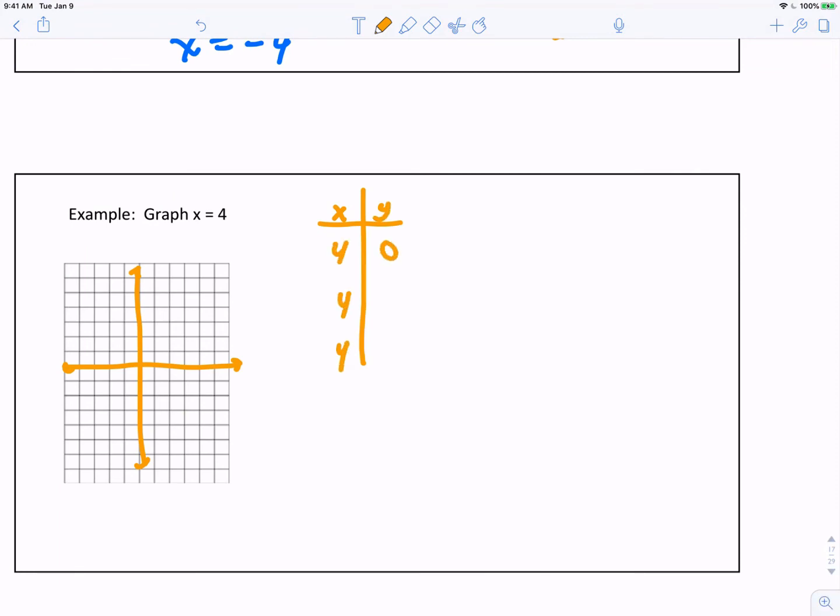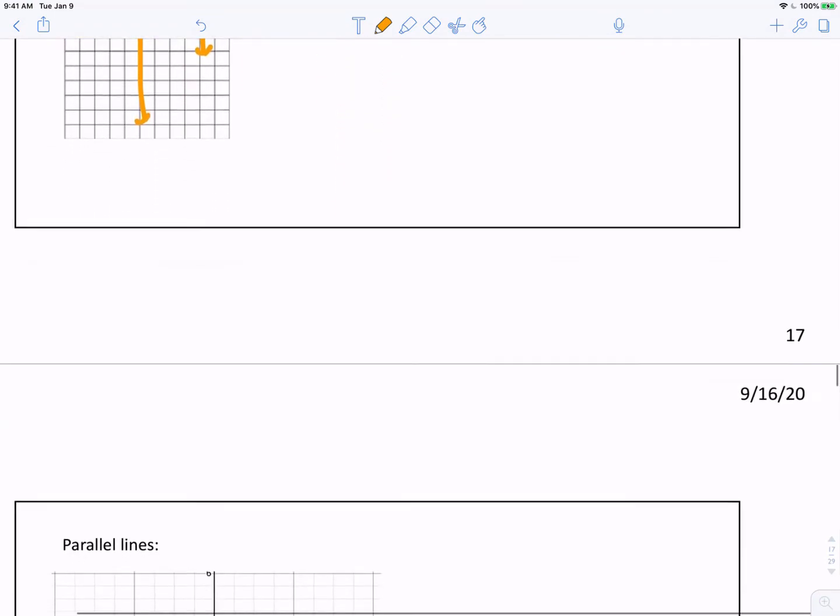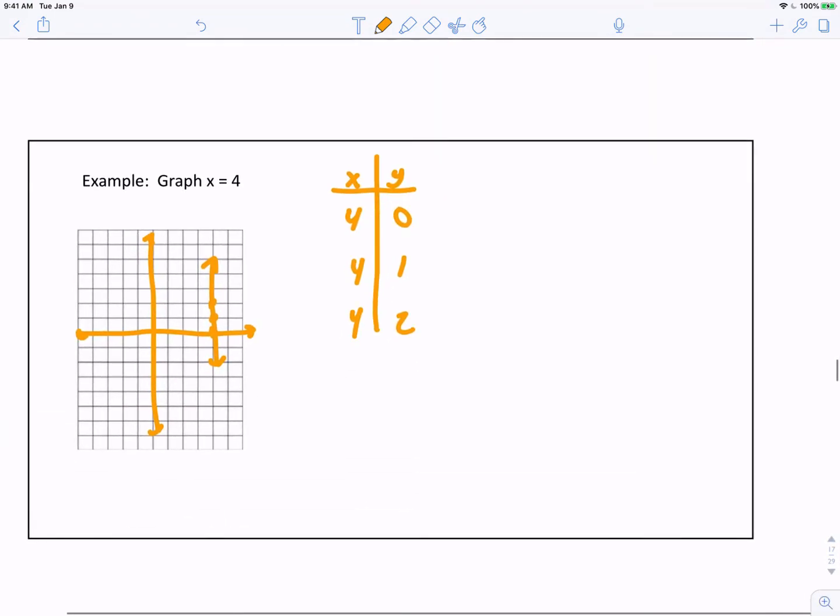Notice it doesn't say anything about y, so you can put in any y values that you want. And then as you graph these points, you can clearly see, oh yes, that's a vertical line. All right? So why don't you try this one? See if you can think about the graph of x is equal to 7. Think about what that's going to look like.